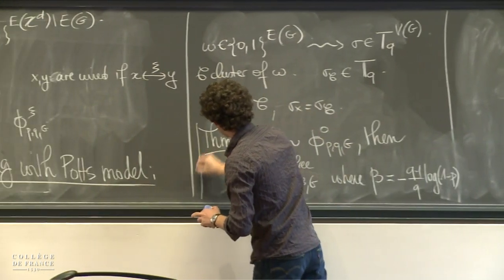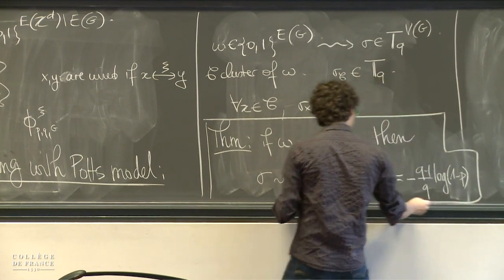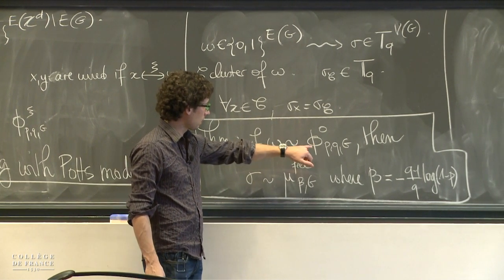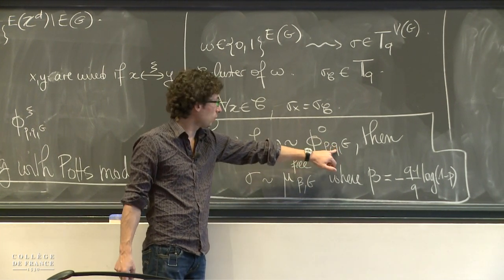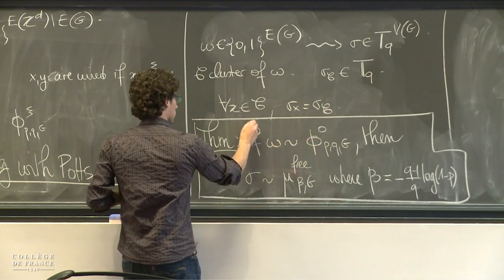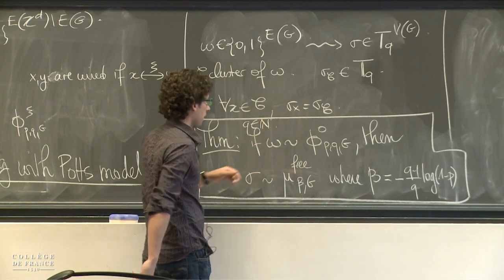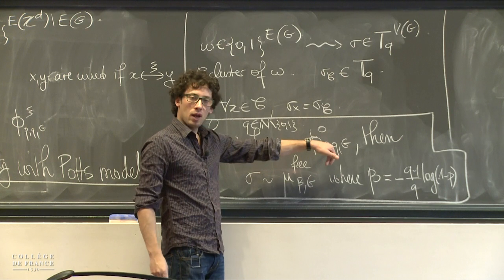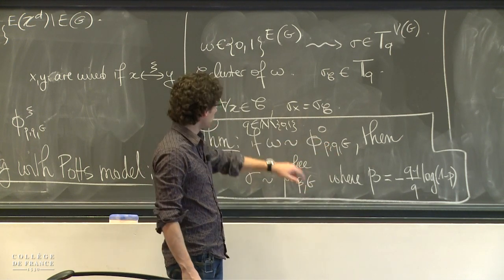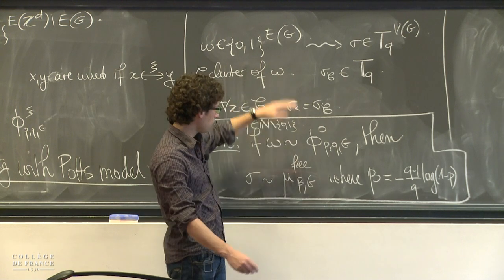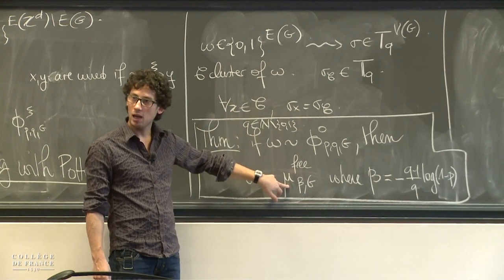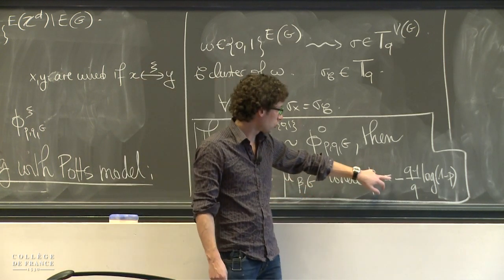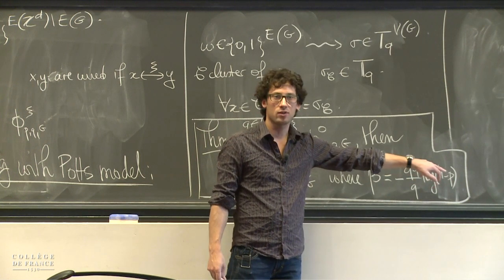So what did I just claim? I claim that if I look at the random cluster model with q being an integer, it will only work for q integer here. If I look at parameter p, when I do this coupling, so I do this random coloring, I recover a Potts model at a certain inverse temperature beta, and the connection is that beta is equal to minus (q minus 1) over q log of 1 minus p.